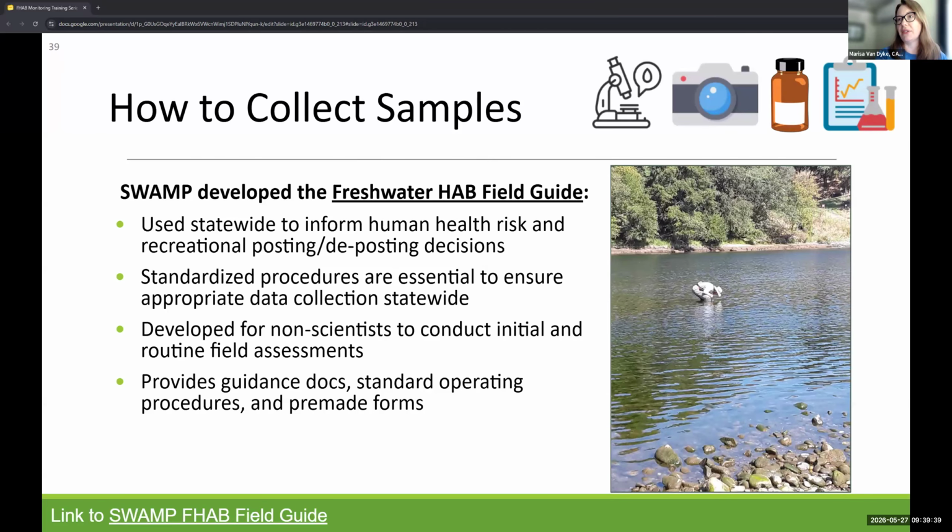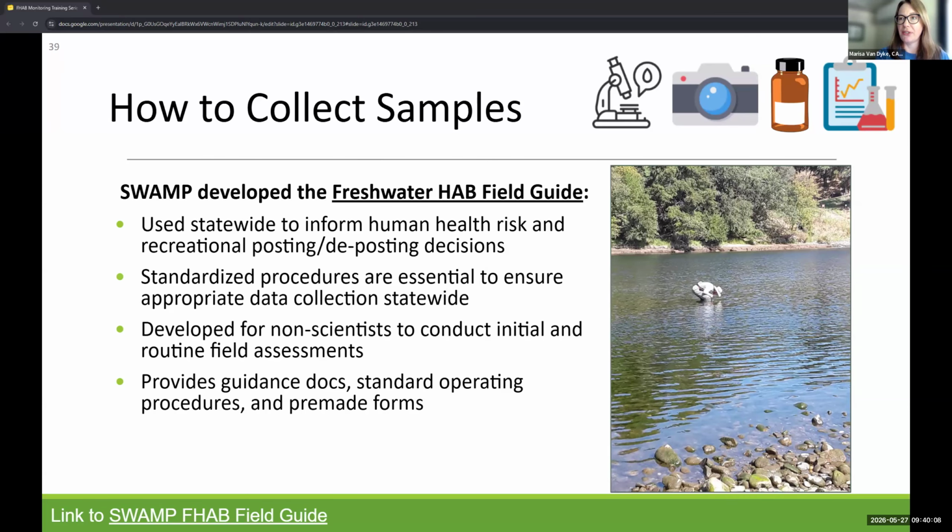In the medium and high resource categories, we're going to need to store those samples carefully and transport them for analyses. Complementary to collection of the samples, we also record our observations and some other measurements on field data sheets. Again, this can include water temperature, the oxygen in the water for understanding aquatic life, and other visual observations.